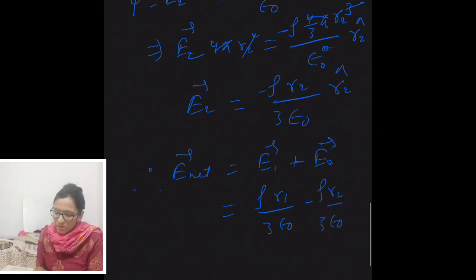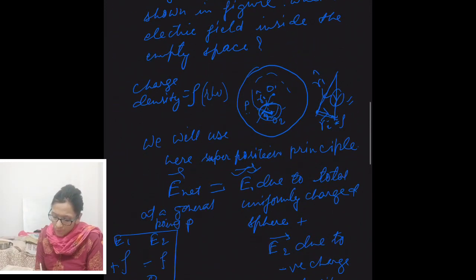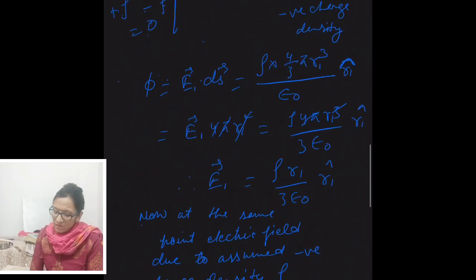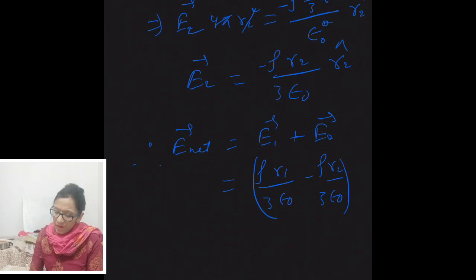The resultant electric field will be rho R1 by 3 epsilon naught minus rho R2 by 3 epsilon naught. You can see from the triangle law of vector addition that vector R is equal to R1 plus R2.